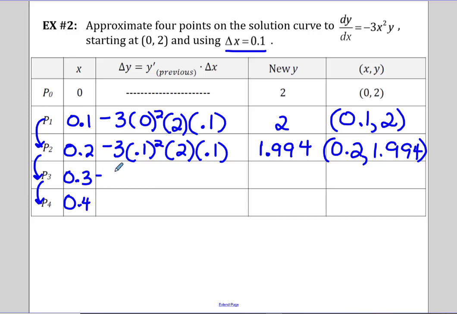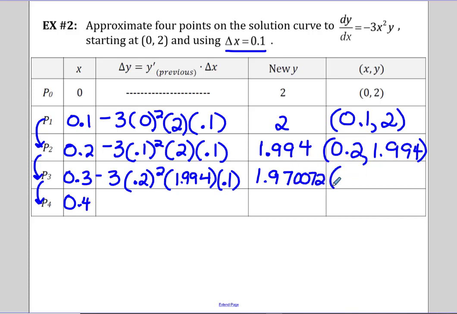So 0.3, we're going to go negative 3 times the previous, which is 0.2 squared, times the previous y, which was 1.994, times the delta x. And we're taking 1.994 and we're subtracting to get 1.970072. So our fourth point is 0.3 and 1.970072.